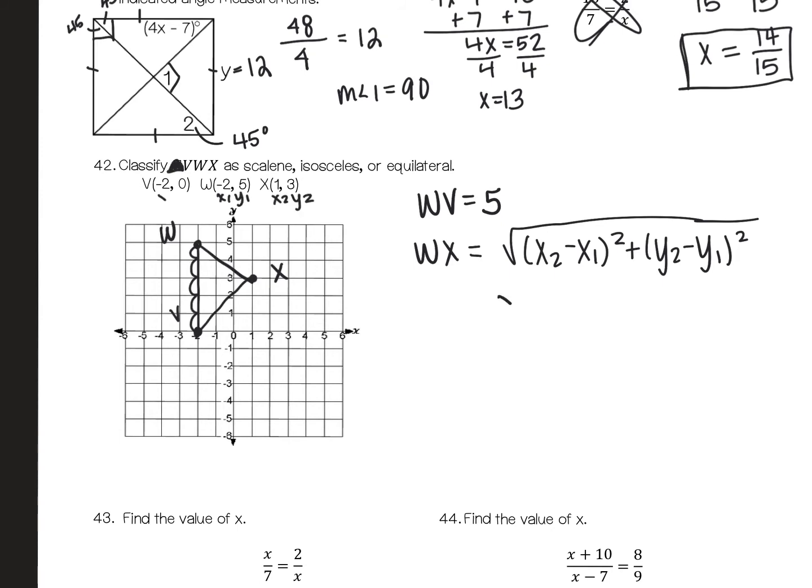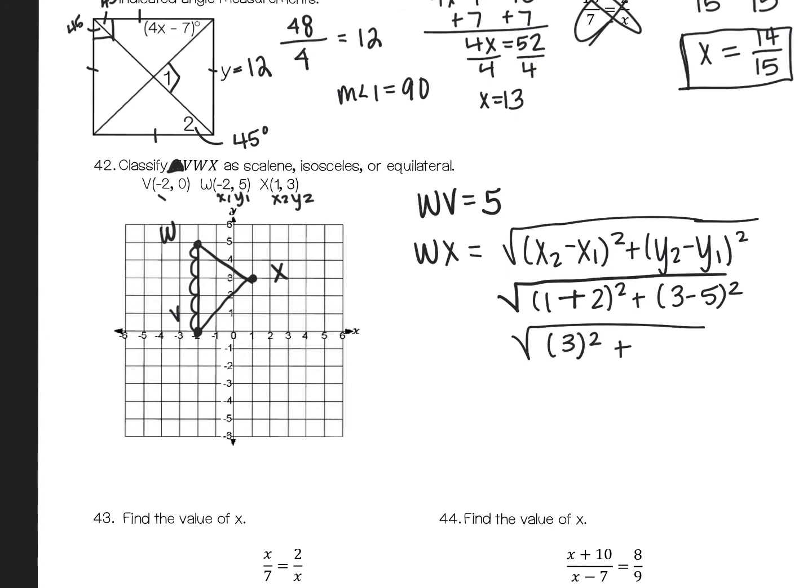So 1 minus negative 2 squared plus 3 minus 5 squared. I'm going to actually do that subtraction, so 1 minus negative 2 ends up being addition. So I get 3. And then 3 minus 5 is negative 2. When I square, I get 9 and 4, which is square root of 13.